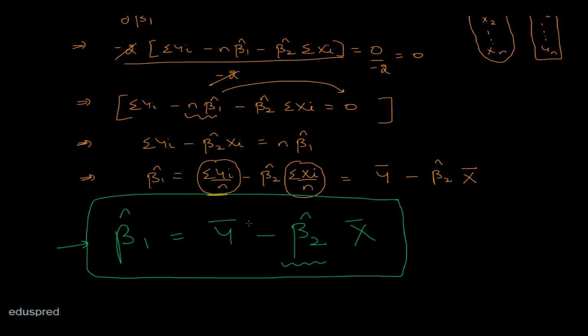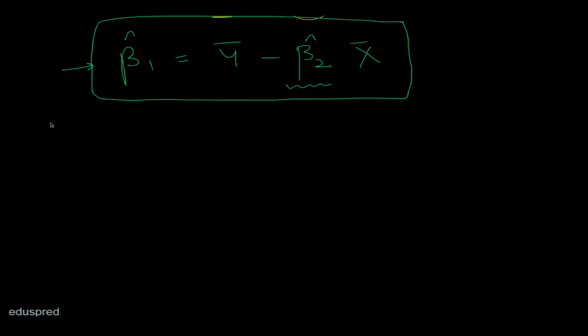As I told you in my last video, there is also a step number 3 which is completely optional. However, for the sake of completion, let me show you that step as well. So in step number 3, which is an optional step, we have to check the sign of the double derivative of summation of ui hat square with respect to beta 1 hat.